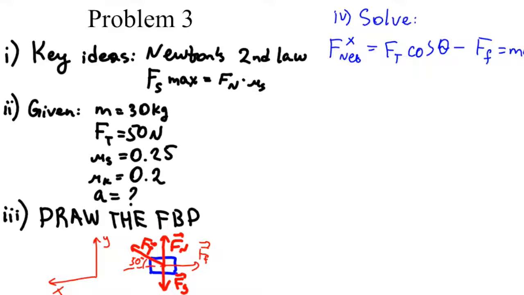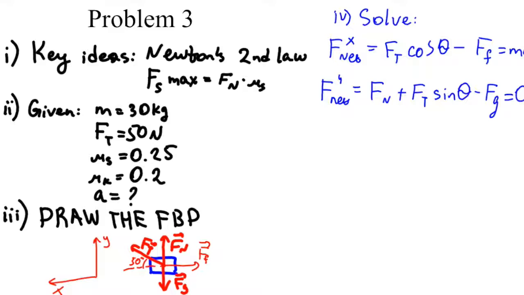But we don't know what our F friction is. We don't know if it's static or kinetic, so we need to figure that out using the F net in the y direction, which is F net y equal to normal force plus y component of the tension force minus gravity, which is 0 because it's not moving either up or down.